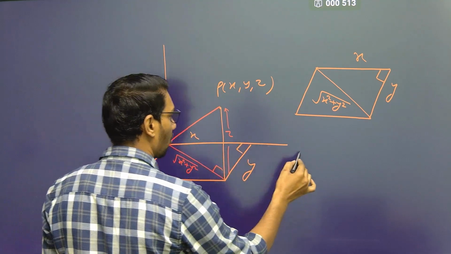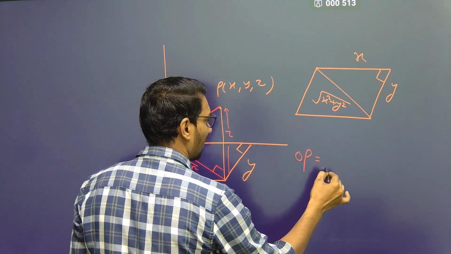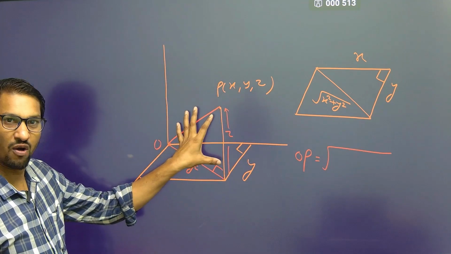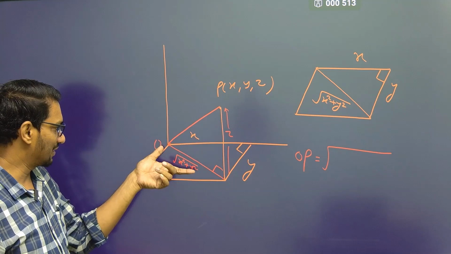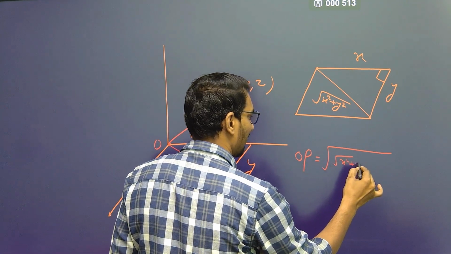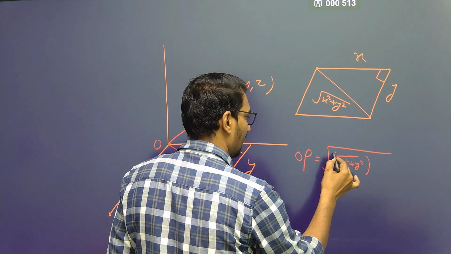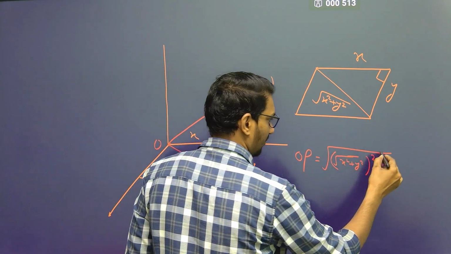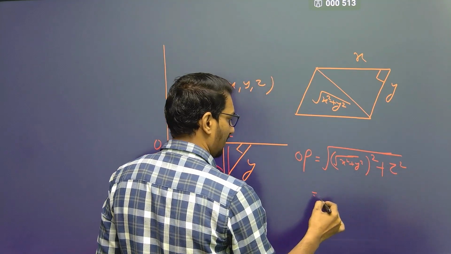So what about OP? OP is nothing but square root of the square of base and the square of perpendicular. Base is square root of x square plus y square and perpendicular is z, so z square.